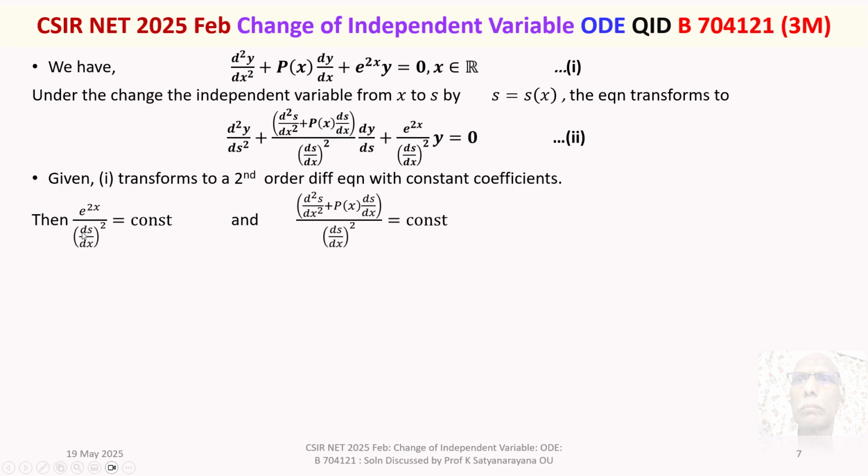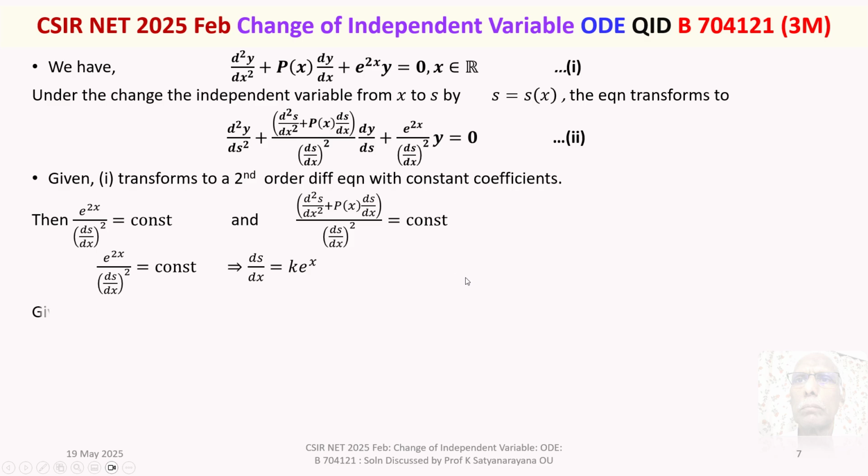First, take e to the power of 2x by ds by dx whole square as constant, and then solving for ds by dx, that will be ds by dx is equal to some k times e to the power of x.